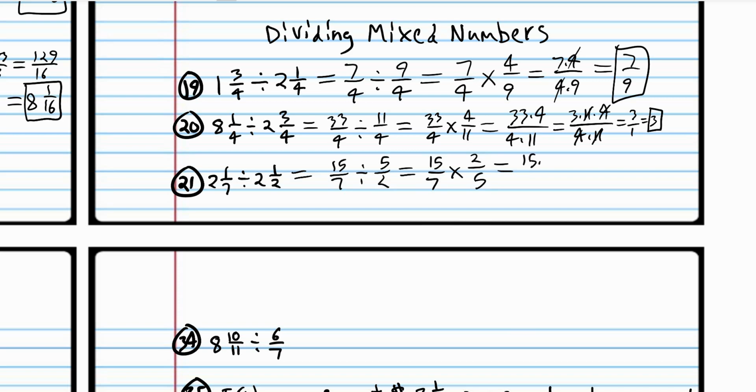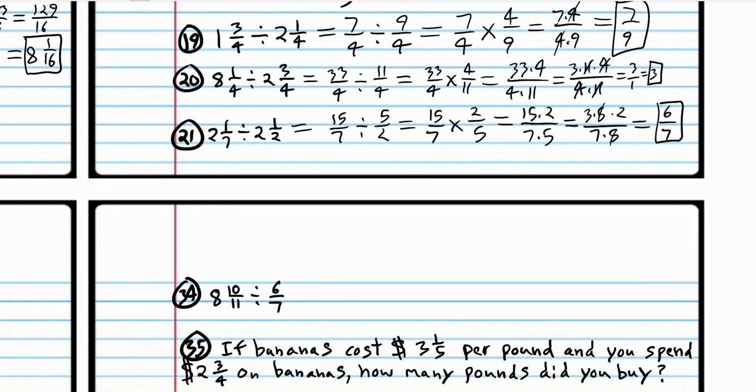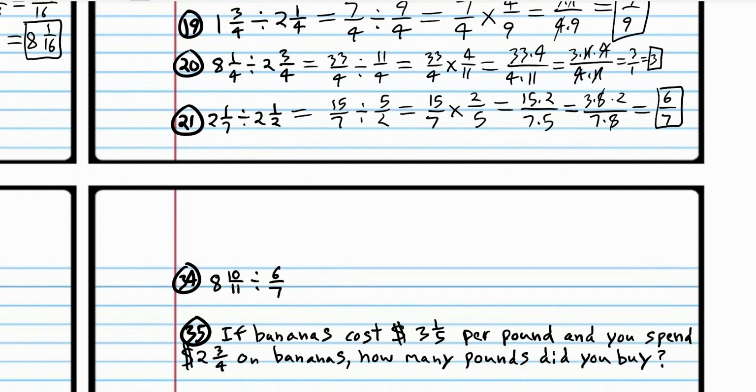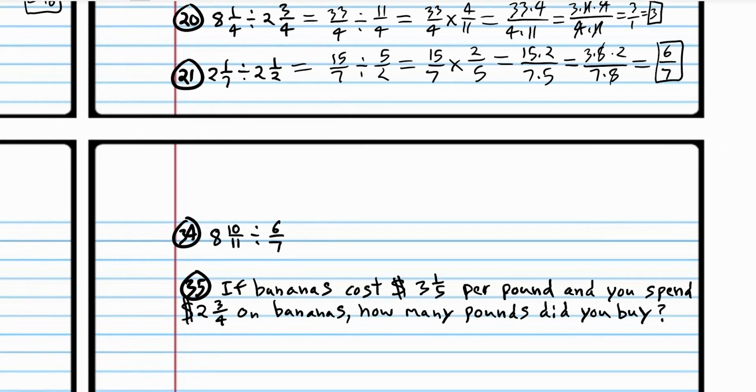Multiply straight across. 15 is the same thing as 3 times 5, because I've got no common factors here, so I have to keep factoring, or else nothing's going to cancel out. All right, so I've got 5's common, so recombine. 3 times 2 is 6, and you're left with a 7 in the denominator. So if you did that one correctly, pat yourself on the back. If you didn't, that's okay. Just see what you did wrong, and we're going to go on to another one, so you'll have plenty of practice.